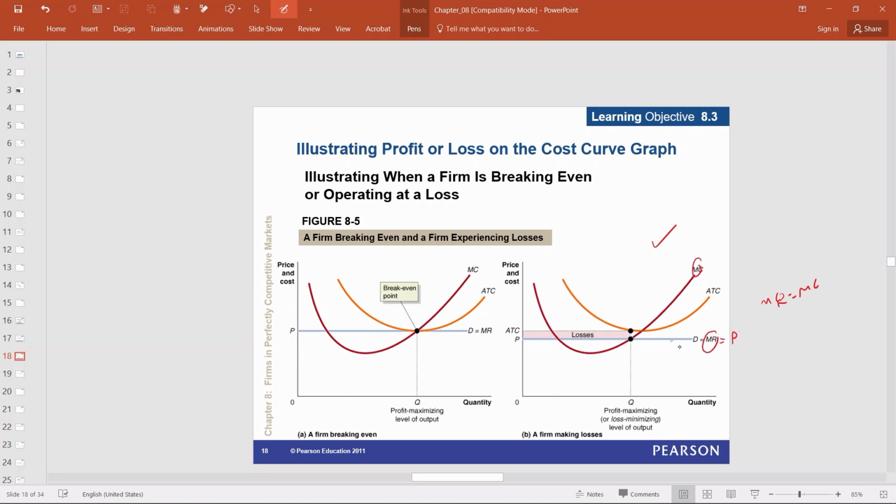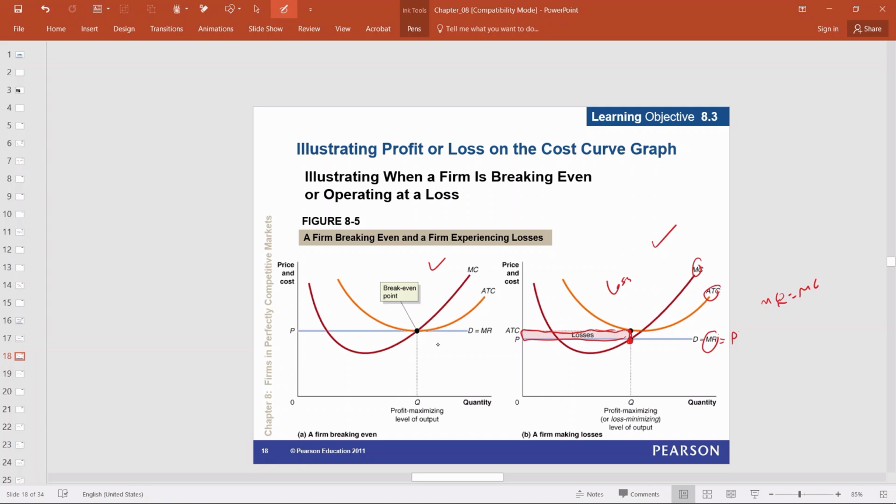If you draw from this level, where marginal cost equals marginal revenue, a line that hits average total cost, you will see that this firm is making losses here. So here it's loss, but here this firm is breaking even, no loss and no profit.